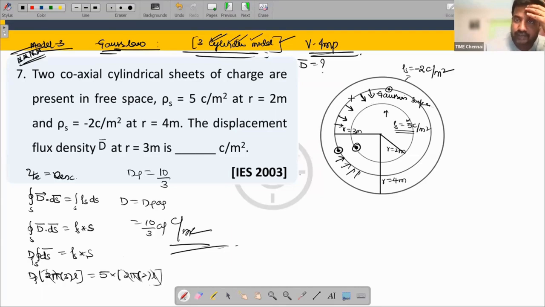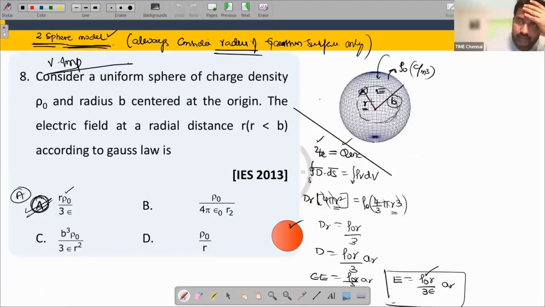When I consider the flux cut by the Gaussian surface, then I consider the Gaussian cylinder. For charge enclosed, I consider the inner. For Gaussian surface, I consider the middle one. Whereas in the two sphere model, for both charge calculation as well as the flux, we consider only the Gaussian surface. That's why it's very, very critical and important to understand the variations of this.